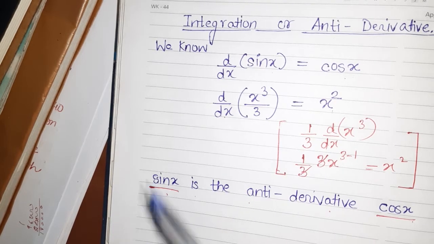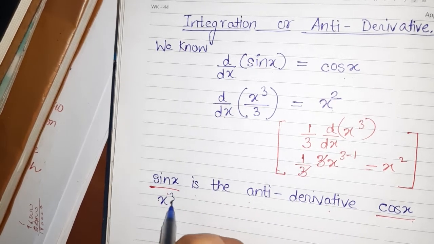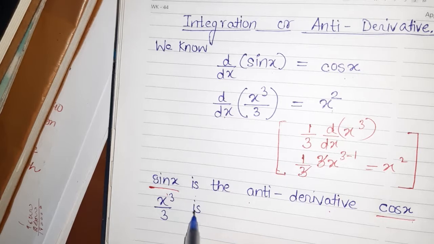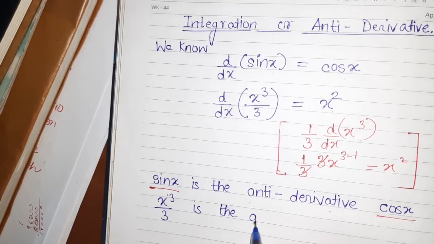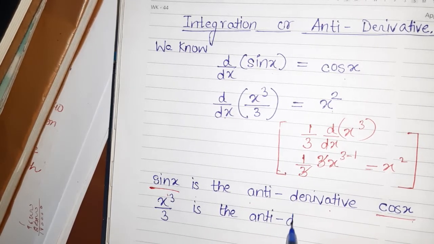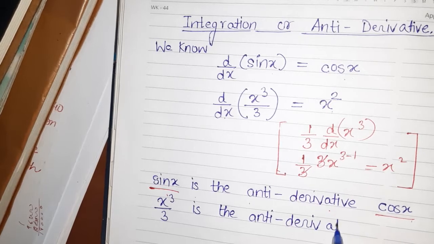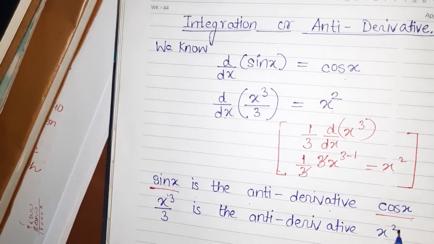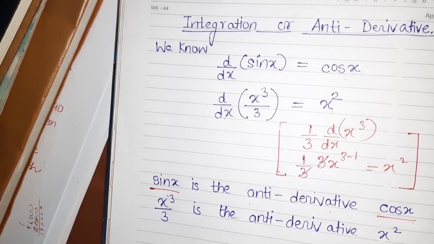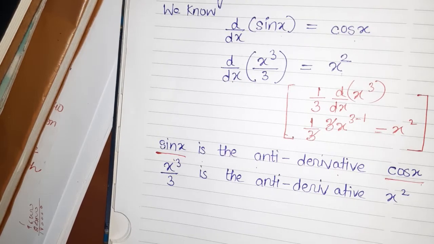And x cube by 3 is the antiderivative of x square.